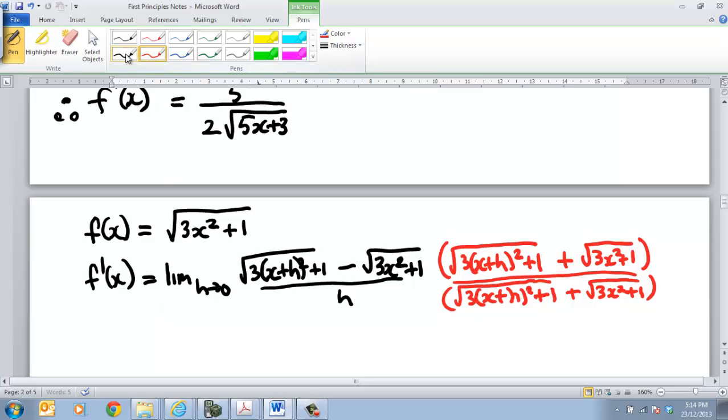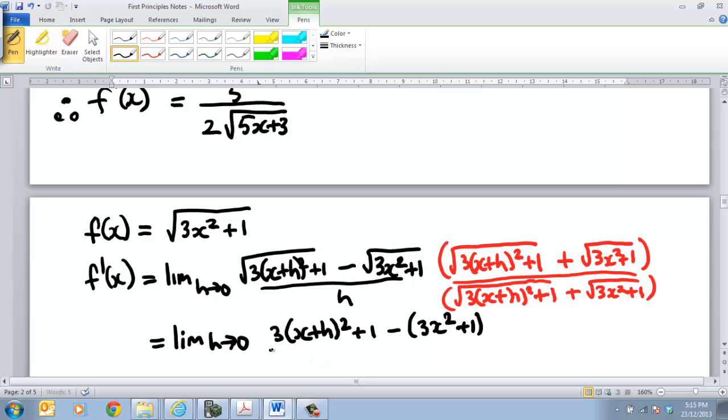So our next line, what we can say here is the limit of h going to 0. The top line's going to become simply the bracket, so 3(x plus h) squared plus 1, take, remember to put a bracket around this, 3x squared plus 1.